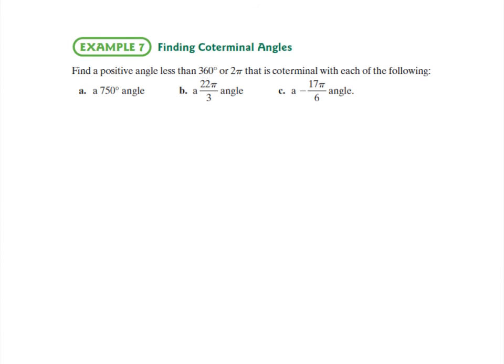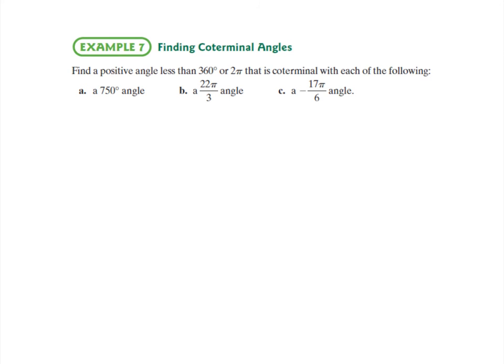So example 7 kind of mixes them, but now we're going to have to add or subtract 2 pi more than one time. So for 750 degrees, here I need to subtract 360 like we have in the past.